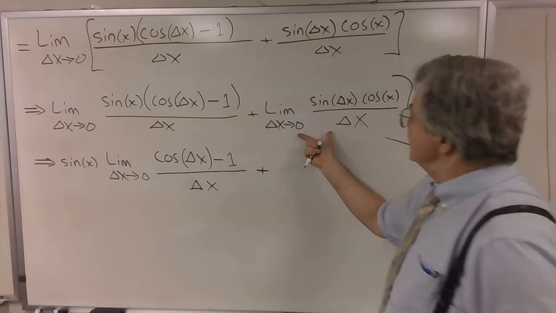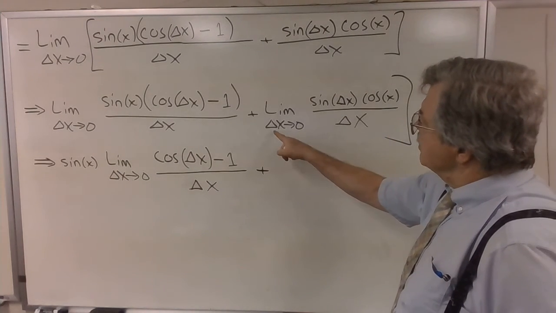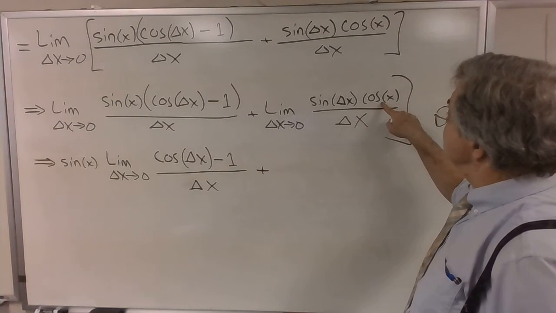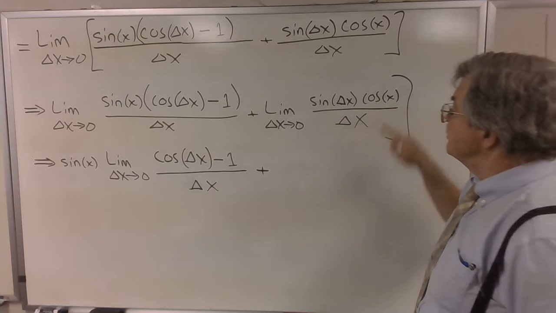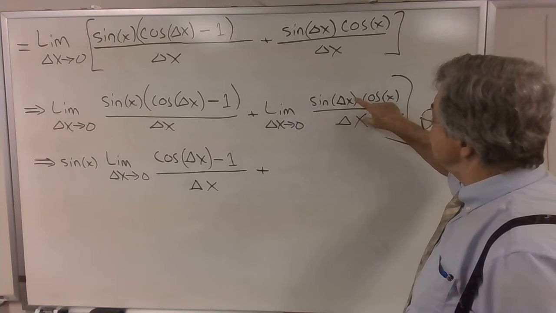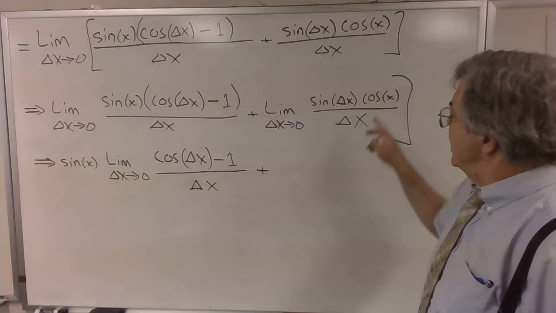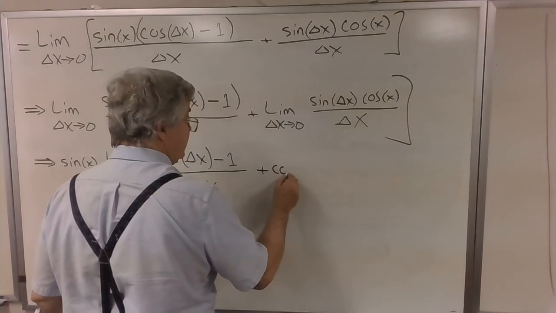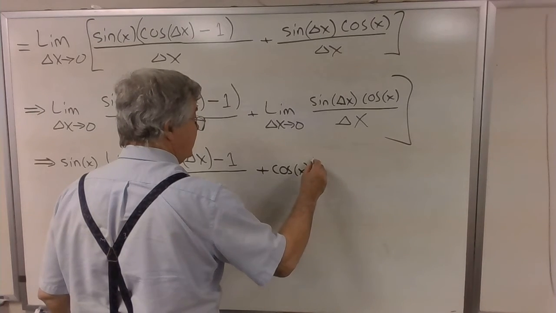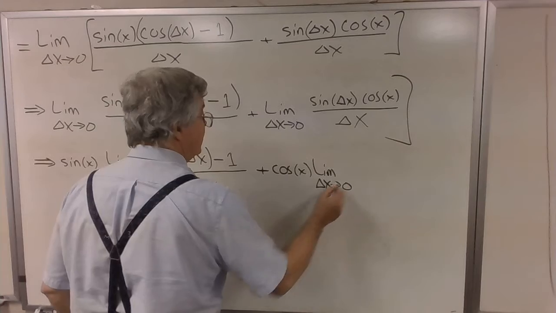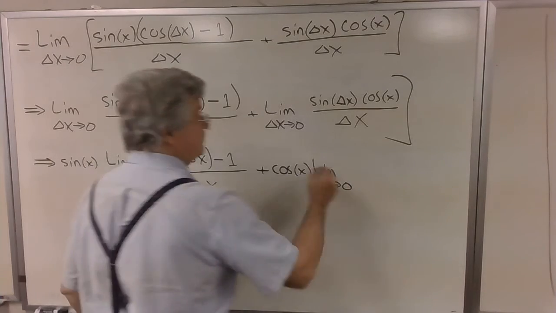I have something similar here. With respect to delta x, cosine of x is a constant. So what I have is the limit of a constant times this function. I'm going to bring the constant out front and make that the constant cosine of x times the limit of the function.